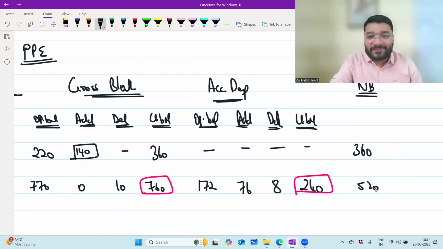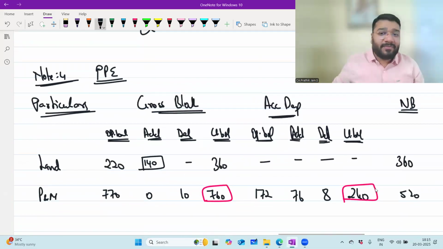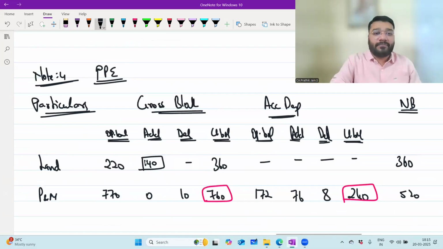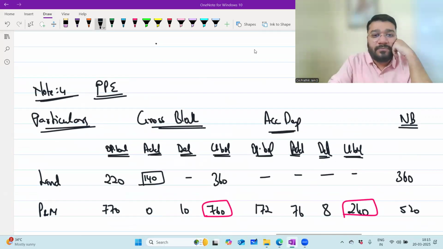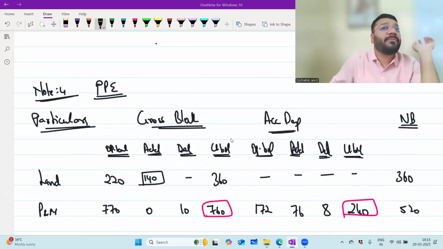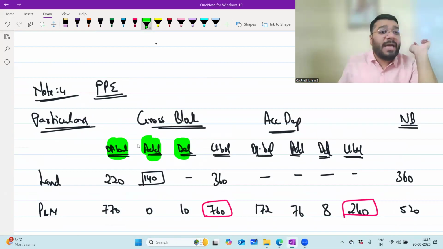Now tell me, what is the problem? Any problem? So what is this? Gross block opening balance. Asset purchased at cost. Asset sold at cost.